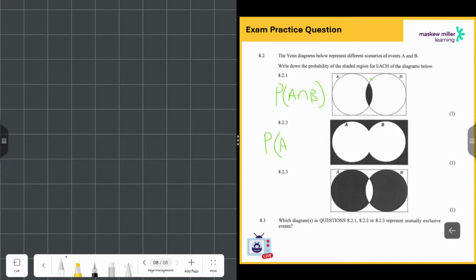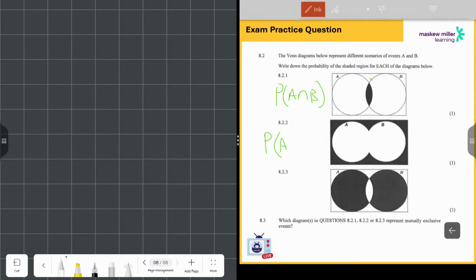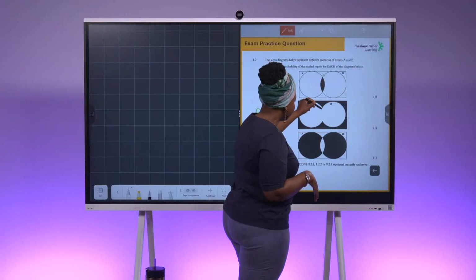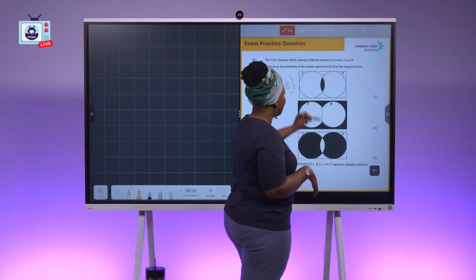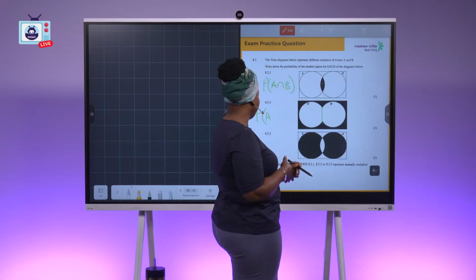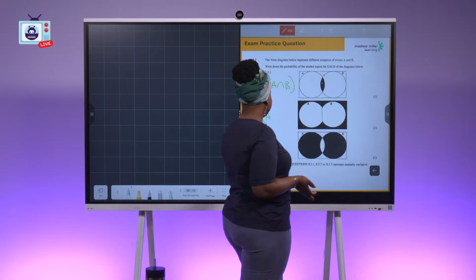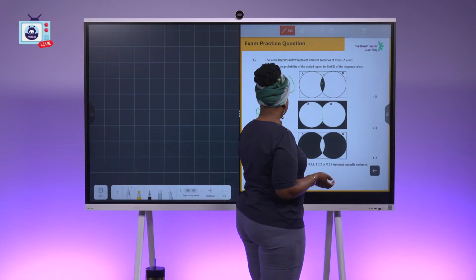Right. So every time you don't have an intersection, you just have to say it is the probability that it's not that, the probability that is something else. So this does not have any intersection. If you look at it together, it just shows that they are joined a little bit, but it doesn't have the shaded space that you would have said is the probability of the intersection.